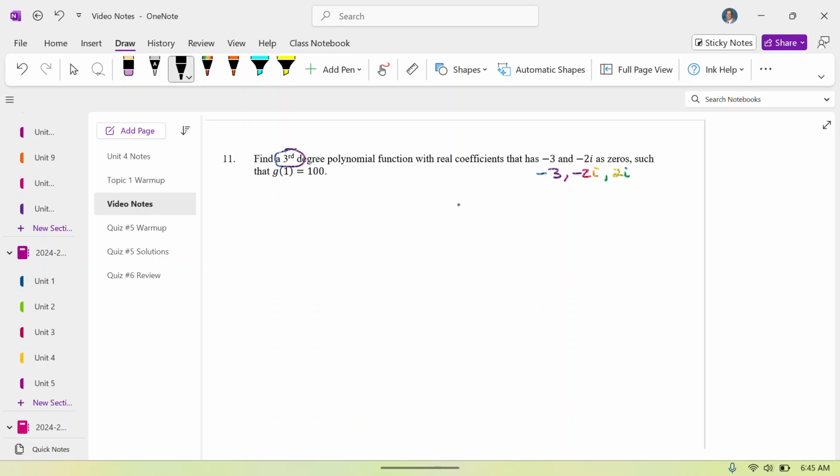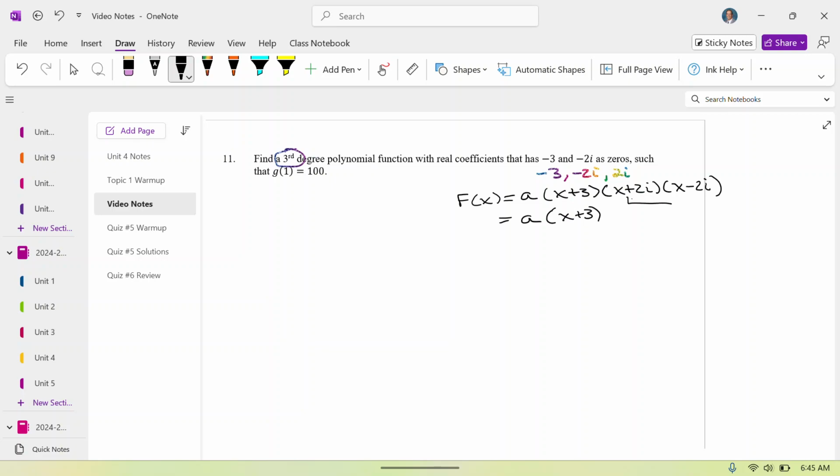So this tells you, if you write it as factors, that it's going to be some number times x plus 3, x plus 2i, x minus 2i. So let's distribute. Now remember, multiply the conjugates first. That'll make your life easier.